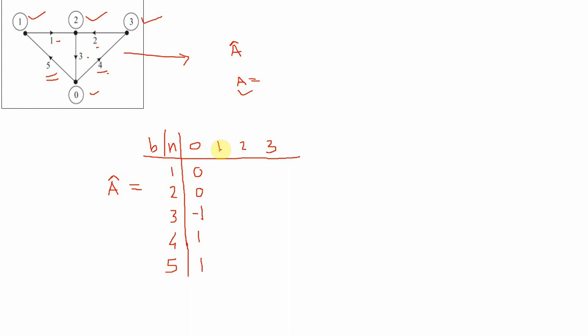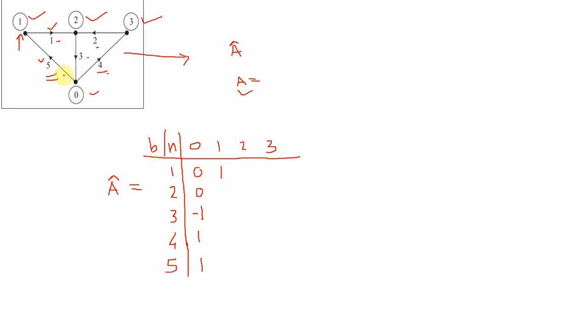Similarly, we are going to write the matrix for the remaining nodes. Now node number 1. Here you observe that this is node number 1. For node number 1, branch number 1 and branch number 5 are connected. Branch number 1 is outgoing, so I am going to write positive 1.